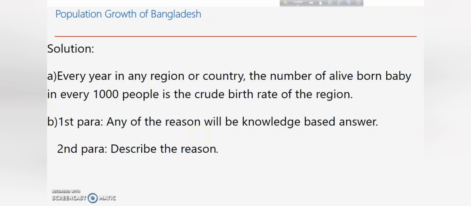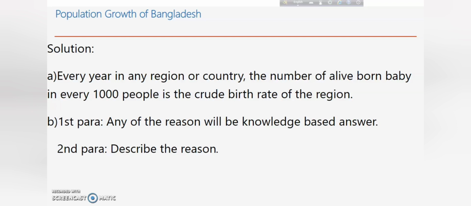In question B, you have to describe the increased average life expectancy in Bangladesh. For this answer, in the first para, you have to write any of the reasons, that is the knowledge based answer. You can write that Bangladesh, like other countries of the world, has also progressed in medical science. In the past, many contagious diseases like cholera, malaria, pox, etc. used to spread as epidemics, whereas thousands of people died of those diseases.